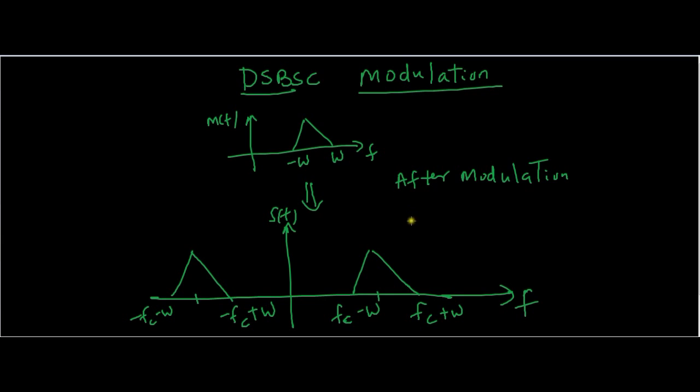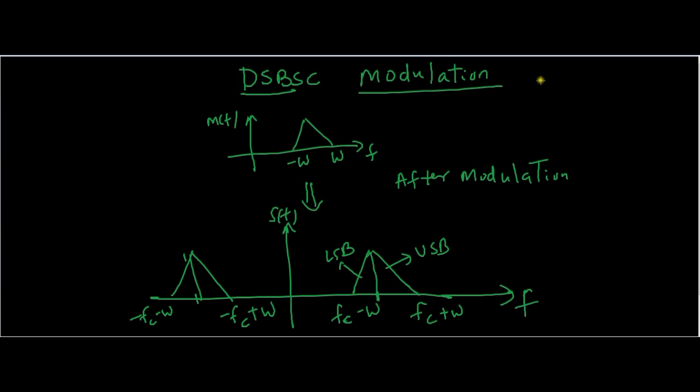So what about bandwidth? As you can see, every signal has this USB and this LSB. A lot of bandwidth is being used in DSBSC modulation. Instead of sending both LSB and USB, we can just send either one of these. That's how the new modulation scheme came into picture.